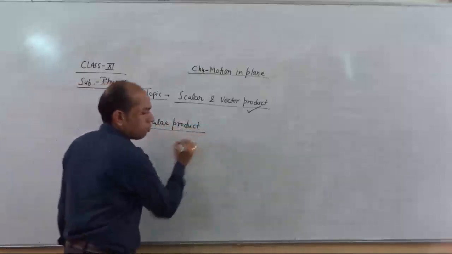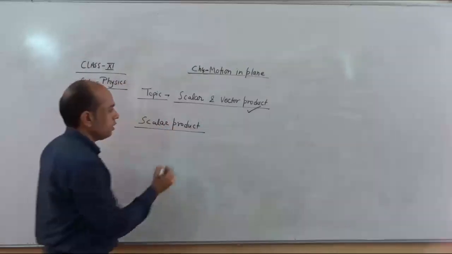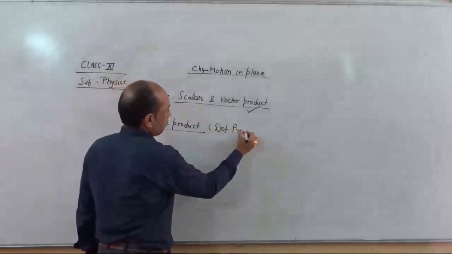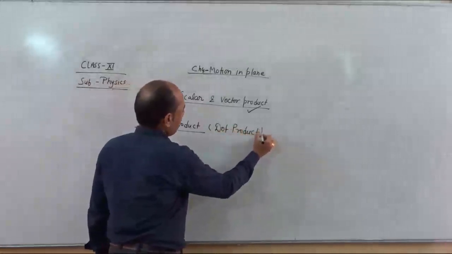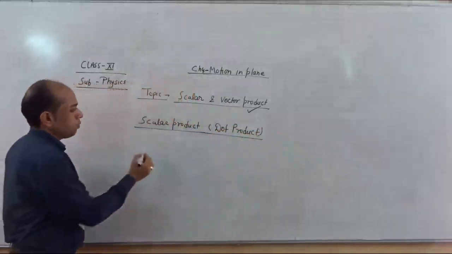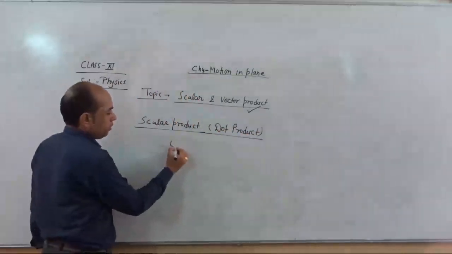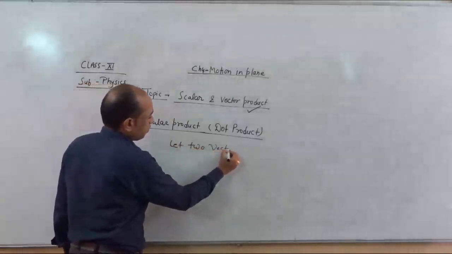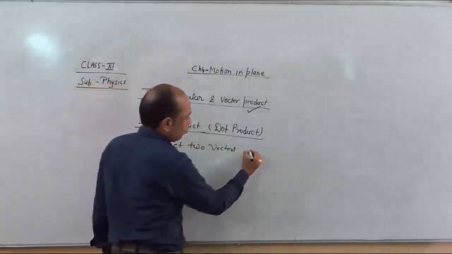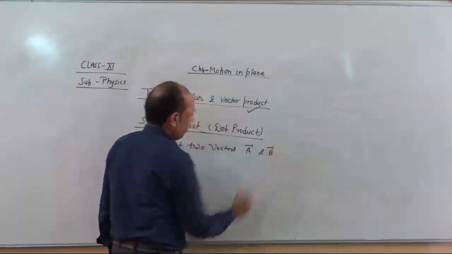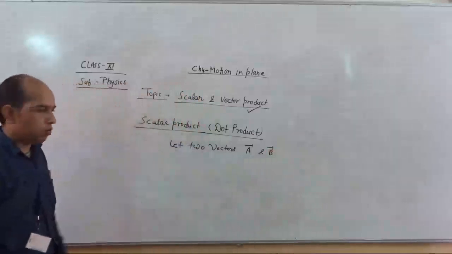Scalar product. The scalar product is also known as dot product. Suppose we have two vectors, let two vectors A and B be there, and we have to take the dot product.